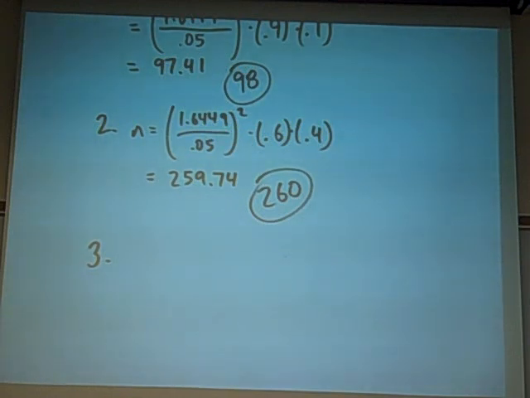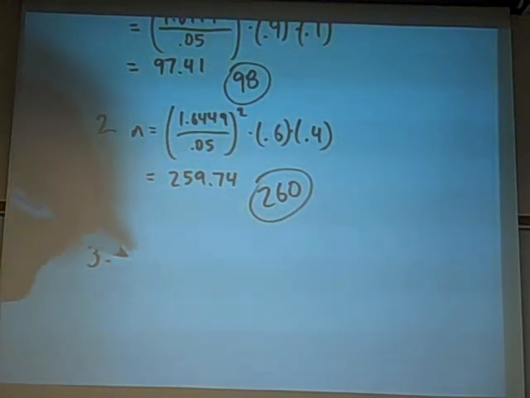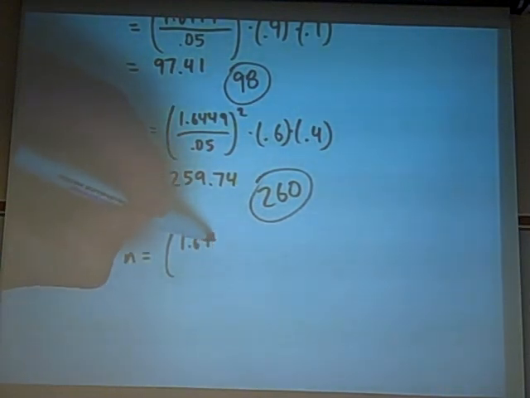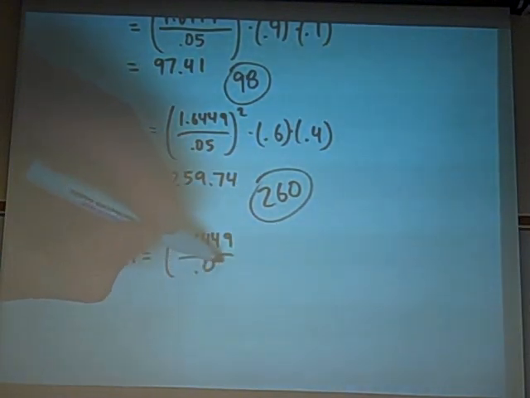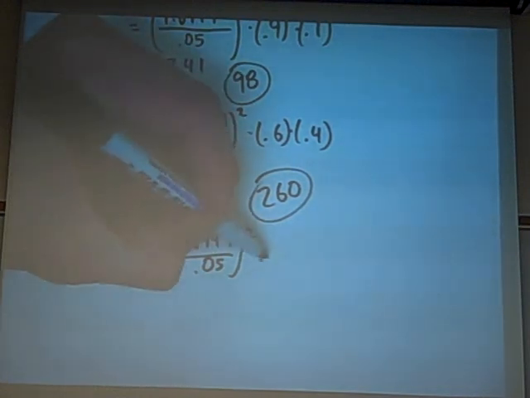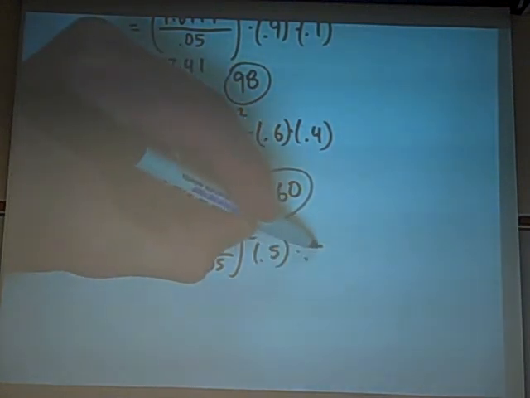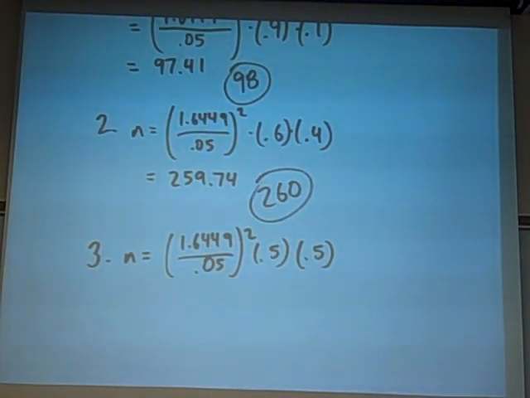And then for number 3, maybe we don't know what it is, so let's use the most conservative estimate. The most conservative estimate, the only thing that's going to change is what? Use 0.5 as the p-hat. So I'll take 0.5 times 0.5, because the complement of 0.5 is 0.5.